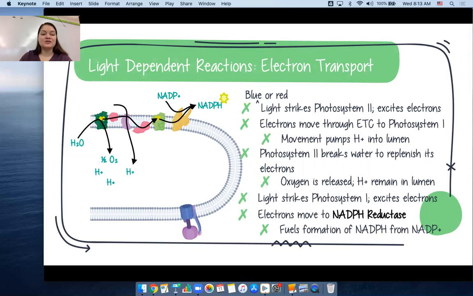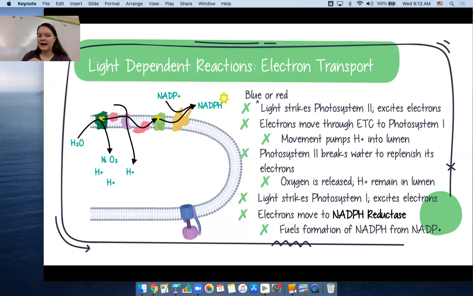Okay, so all of that should look pretty familiar, but also way different than what we saw in cell respiration. It would behoove you to take a moment and compare and contrast the 2 electron transport chains between photosynthesis and cell respiration. Really think about what is your source of energy that powers up the electrons enough to move through this system.